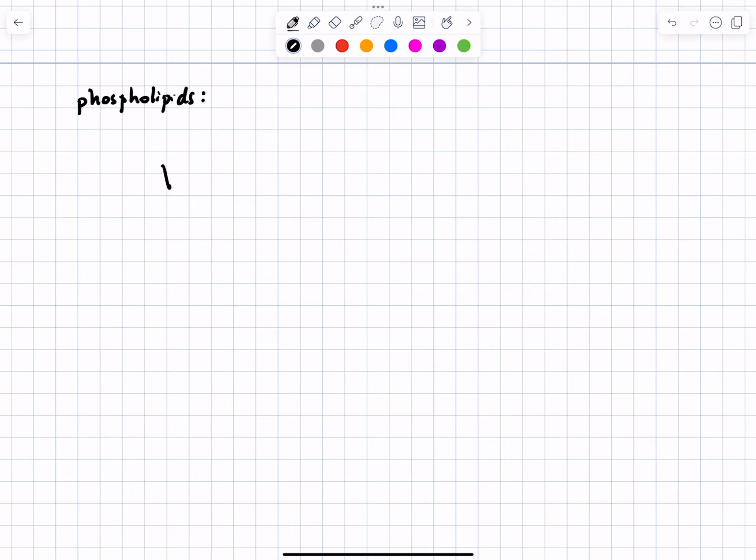The phospholipid is also based on an ester with glycerol, but in the phospholipid, one of the 3 OHs from glycerol is tied up with a phosphate group, and then over here there's something else.